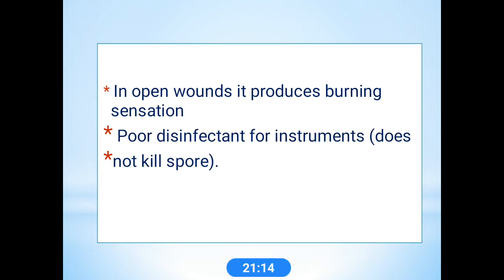The main drawbacks of alcohols are that in open wounds they produce a burning sensation, and they are poor disinfectants for instruments because they kill only bacteria and do not eliminate all spores.